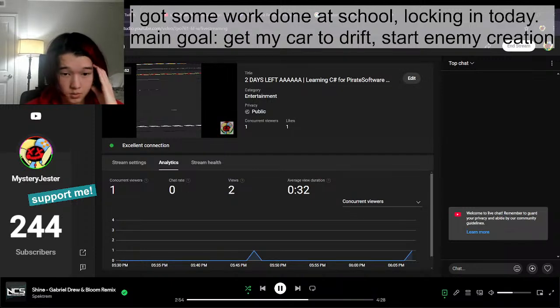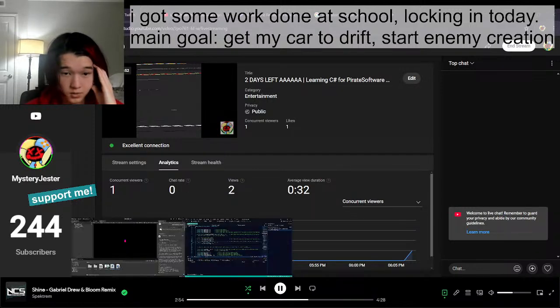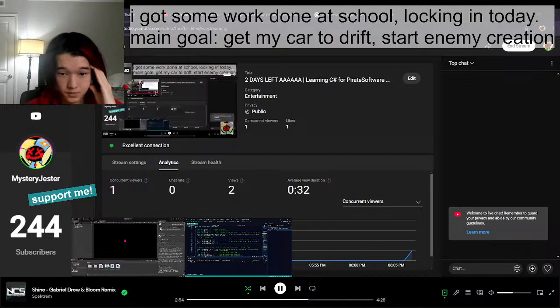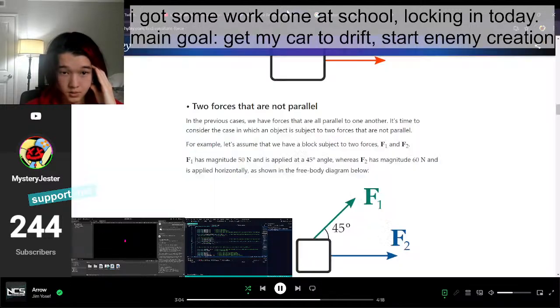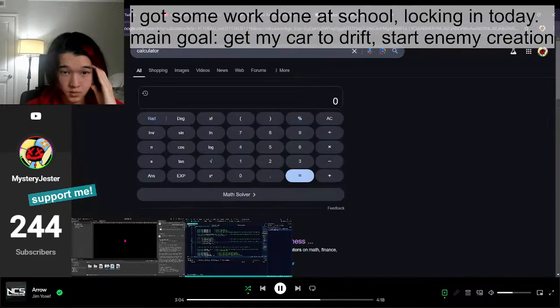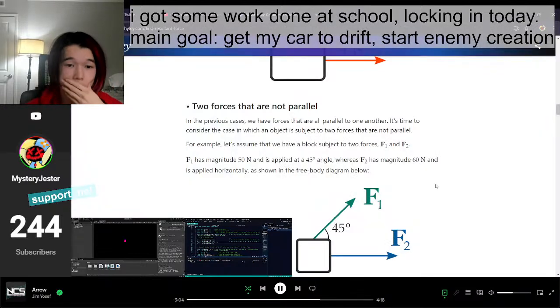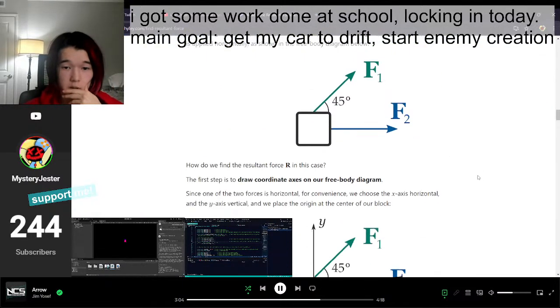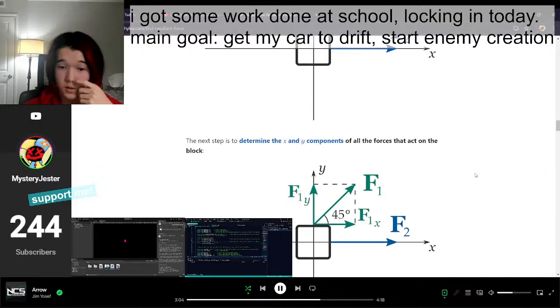So I'm gonna show Chrome, and then the small visual. Sorry about that. Oh my gosh, okay. So I have to make a resultant force calculator.